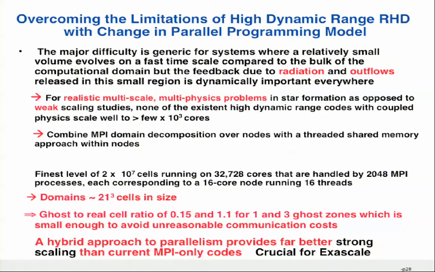The ghost-to-cell ratio here is only a fraction of what it was, and it goes up to about 1 when you use 3 ghost zones, but it's now small enough to avoid the unreasonable communication costs. So a hybrid approach to parallelism is at least a start to provide better strong scaling than current MPI-only codes for star formation, and this may be crucial for exascale.